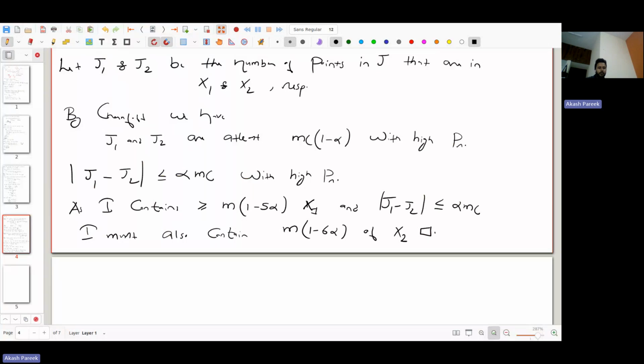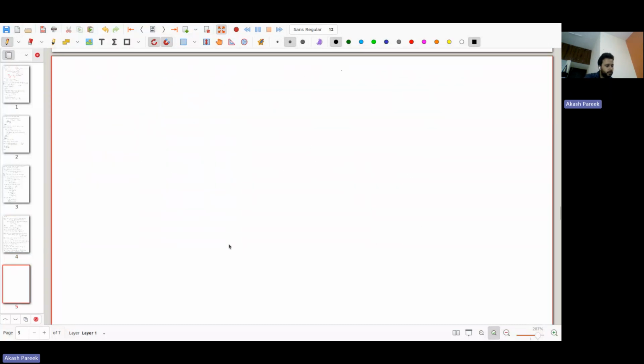And now with all these three lemmas in hand, let's assume a small lemma, let's call it lemma 4. Let S be a set of points obtained independently by sampling each point of X, a subset of R, with probability half.